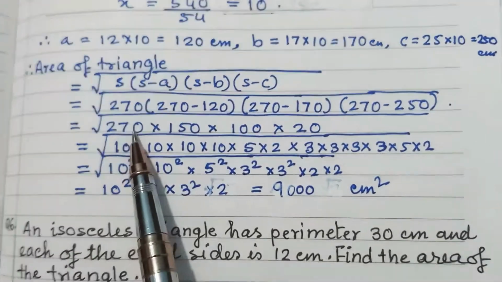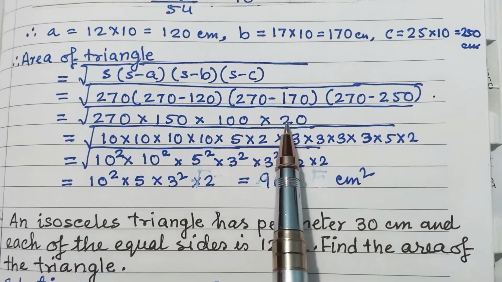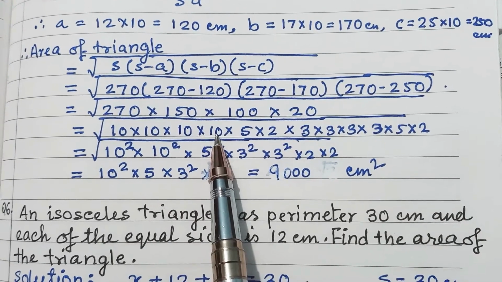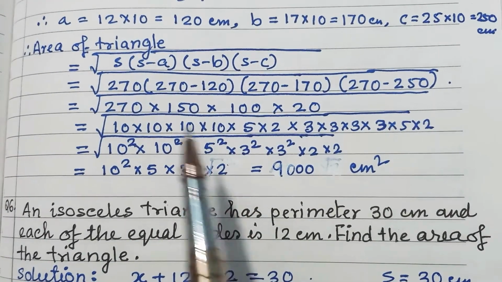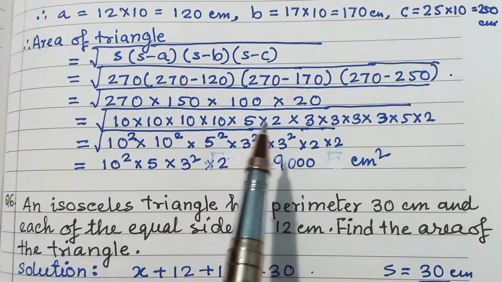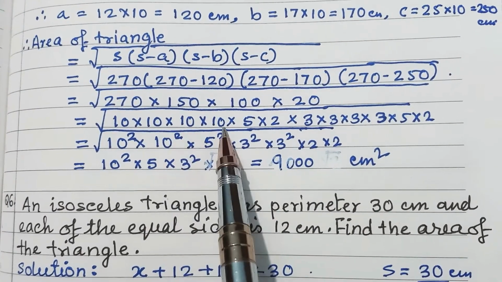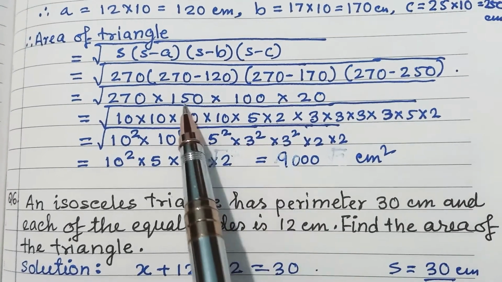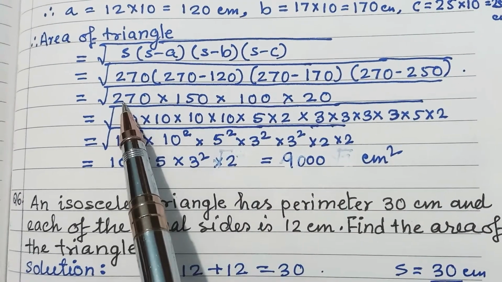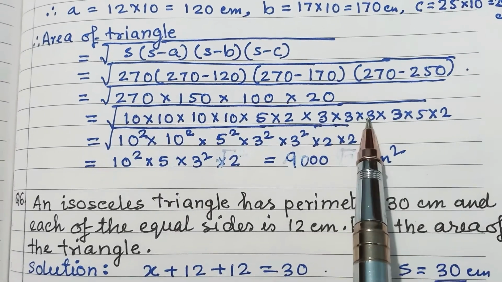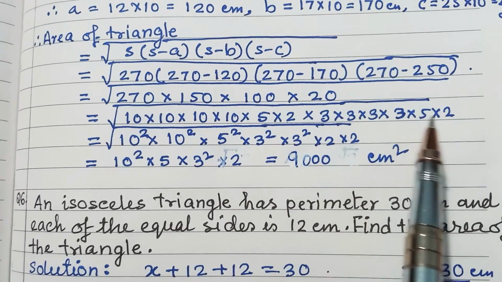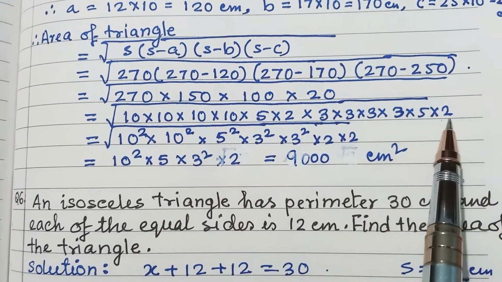Here you have to do 10 into 10 into 10 into 10 into 10. Now I have written all the factors in this form: 27 is 3 into 3 into 3, 15 is 3 into 5, 20 is 10 into 2, and 10 I break as 5 into 2.